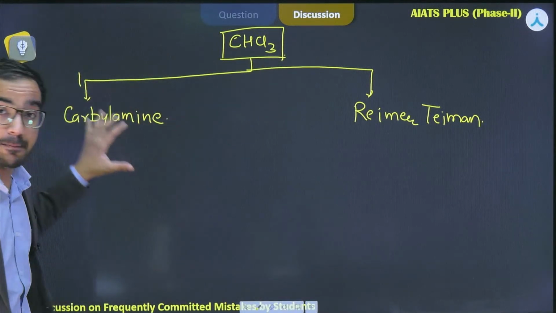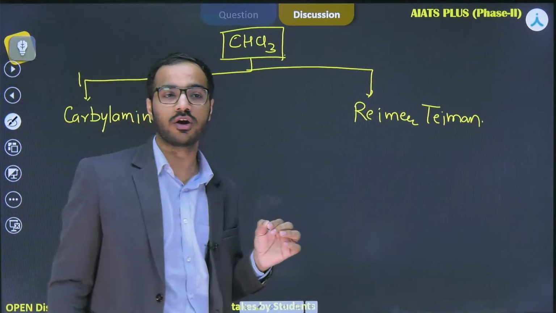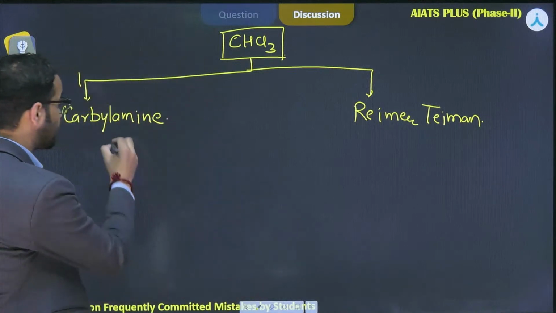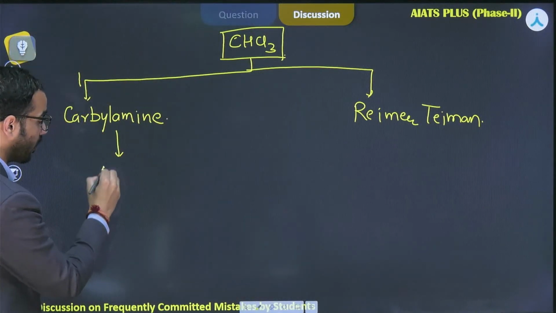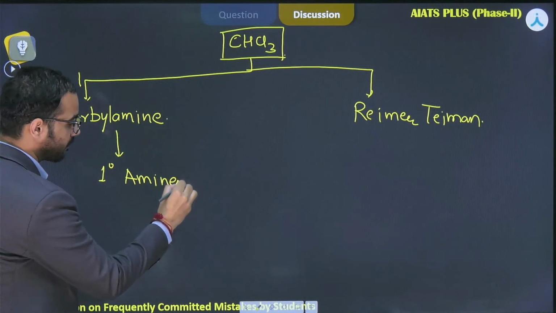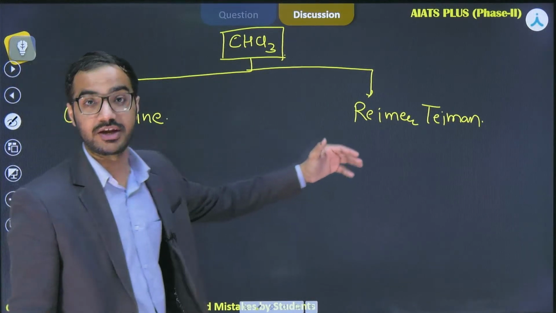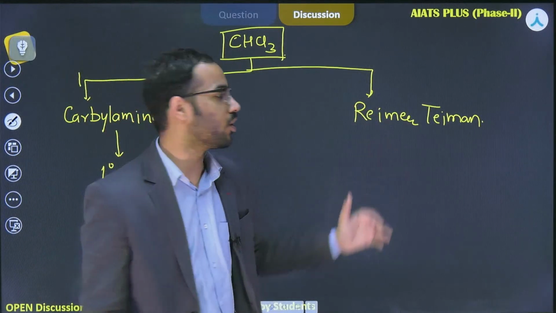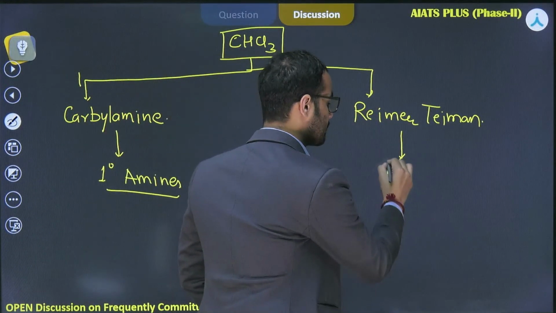The carbylamine reaction is specifically for amines, or we can say specifically for 1 degree amines. In the same way, the Riemann-Tiemann reaction is applicable for phenols.